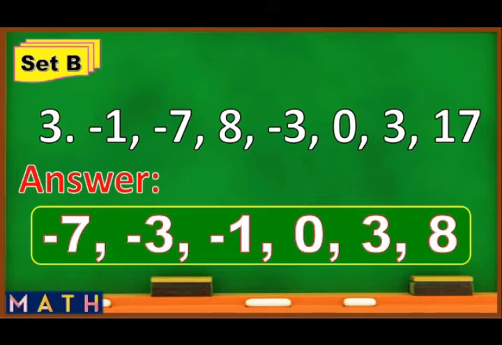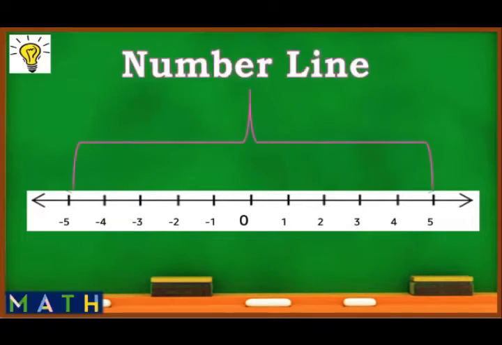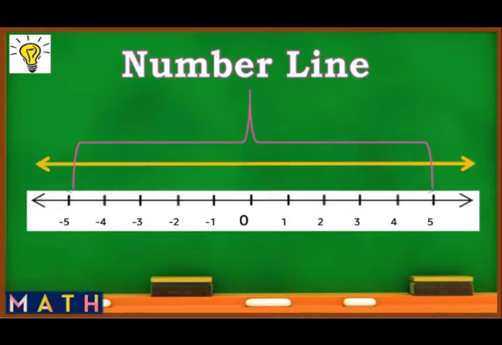in our discussion. Alright! In the previous lesson, you have learned that integers can be presented on a number line. Yes, the number line extends in both directions infinitely. This is indicated by the arrow.